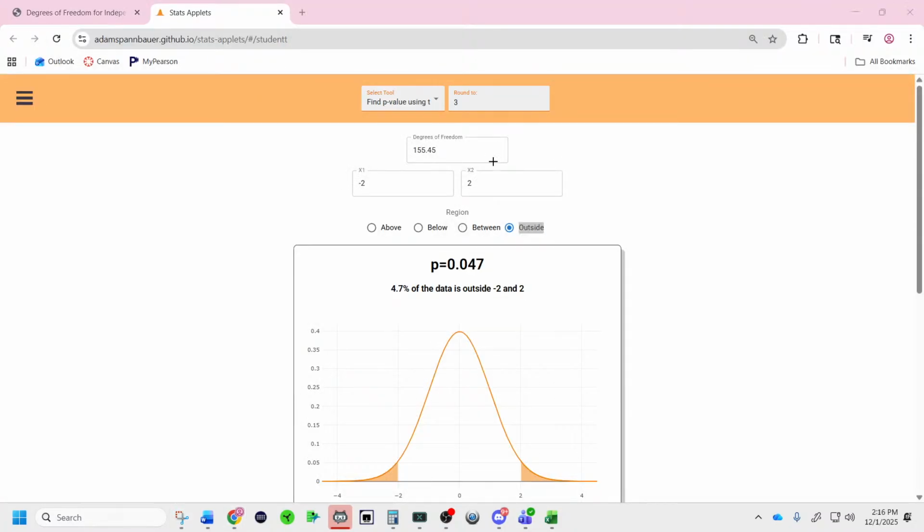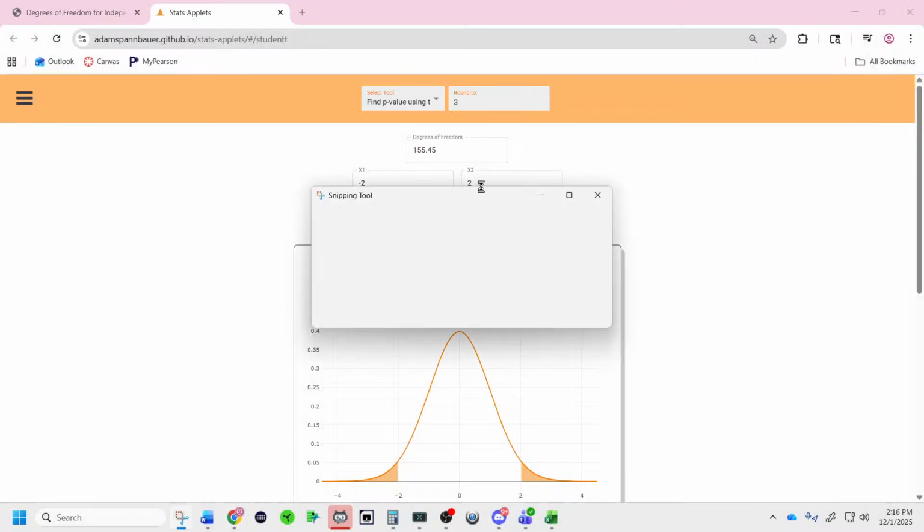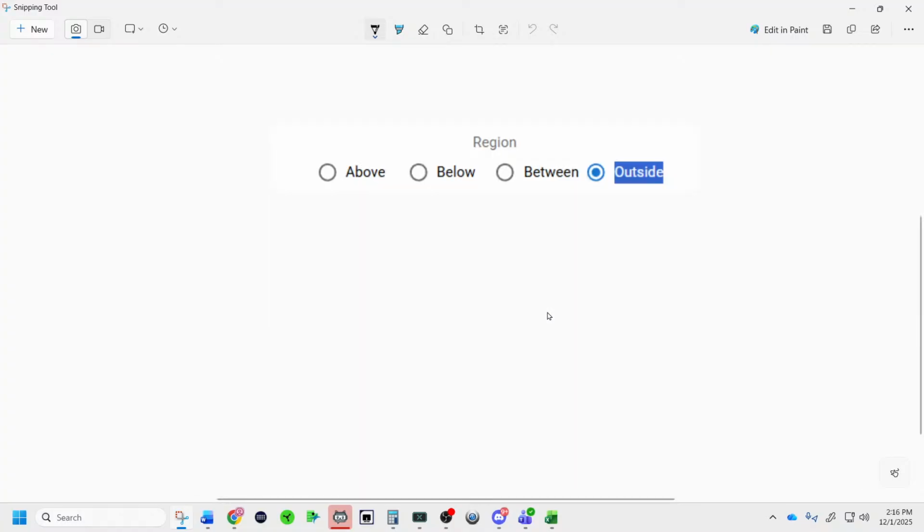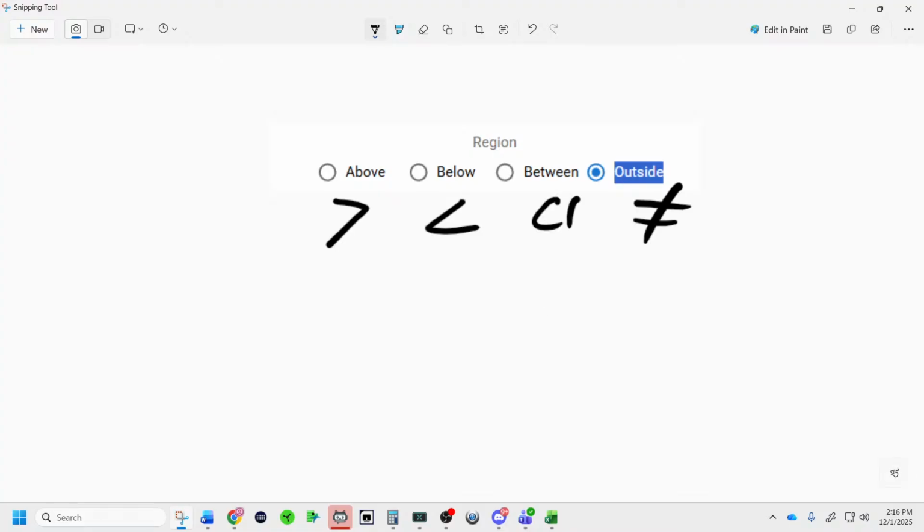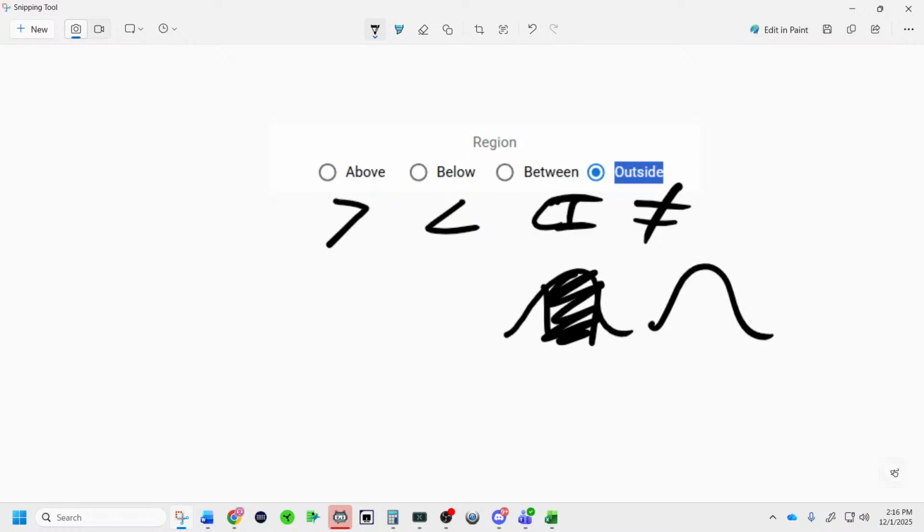Let me mark this, and I'll probably head off. When you're clicking between these tests right here, this is the greater than alternative, this is the less than, this is the does not equals, and this is confidence intervals. The between is when you make a confidence interval. The outside is when you shade the outside of the curve, the below is when you shade the less than, and the greater than is when you shade above.